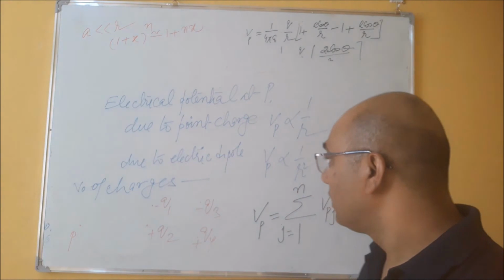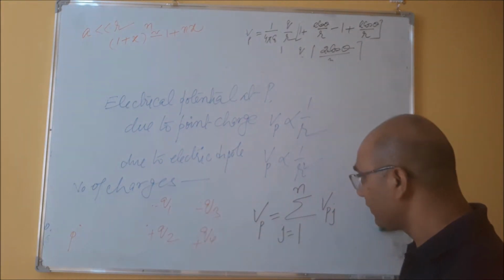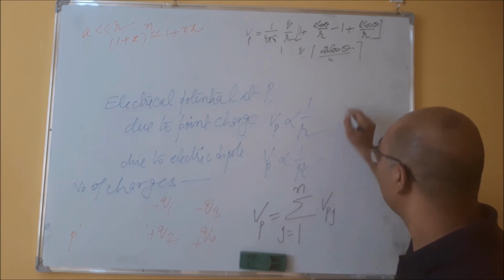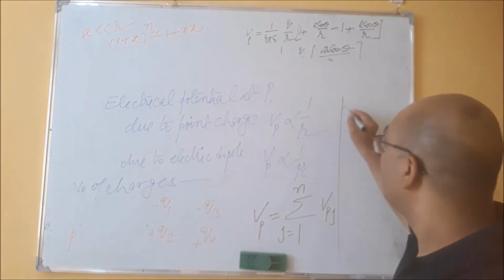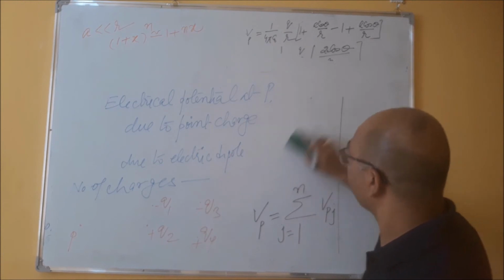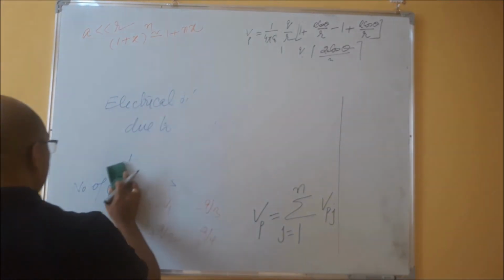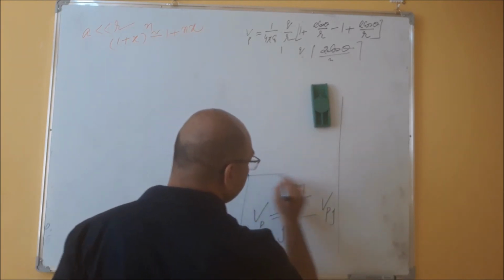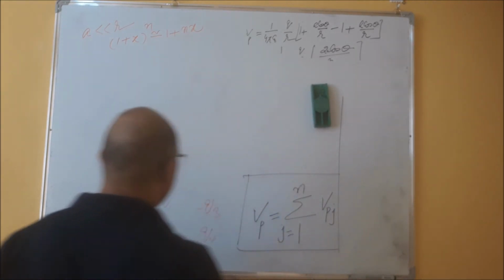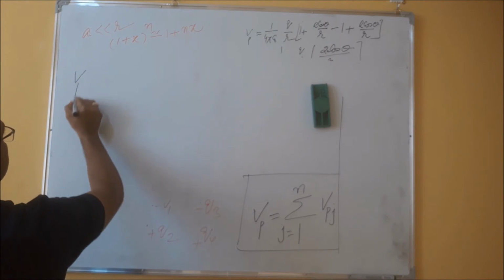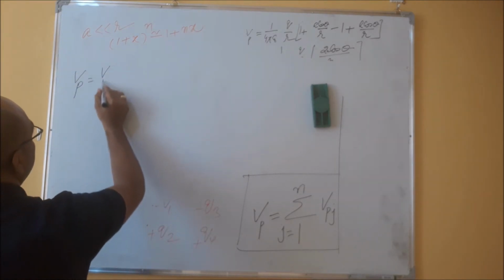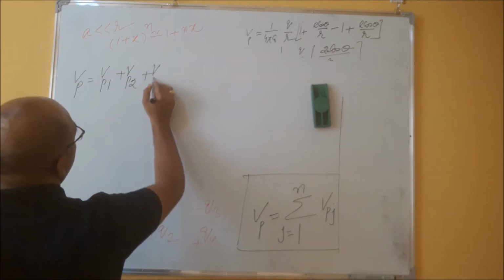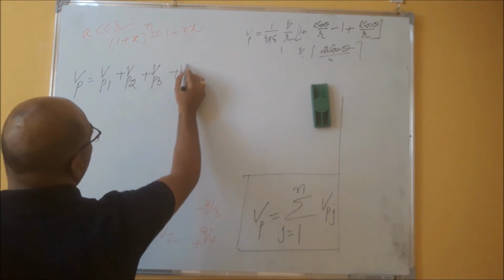When we add them, we will find the overall value of electric potential at point P. So for this particular problem, this is the most general formula, and we will say Vp is Vp due to 1, Vp due to 2, Vp due to 3, Vp due to 4.